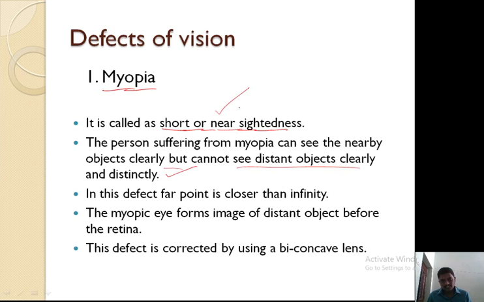He can only see nearby objects clearly, so the defect is known as nearsightedness. We'll discuss this point later. The myopic eye forms the image of a distant object before the retina.